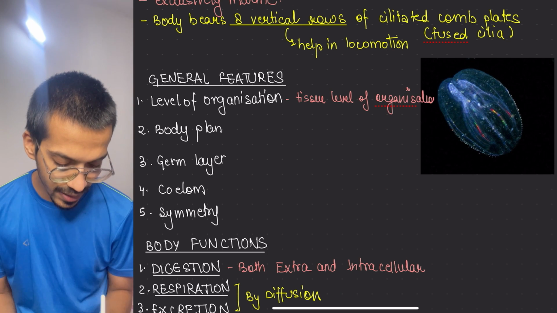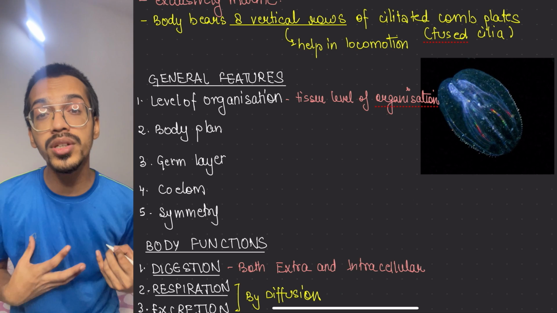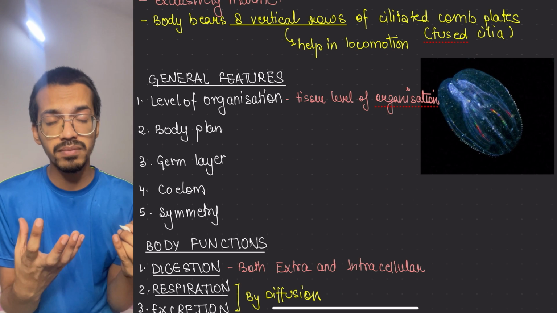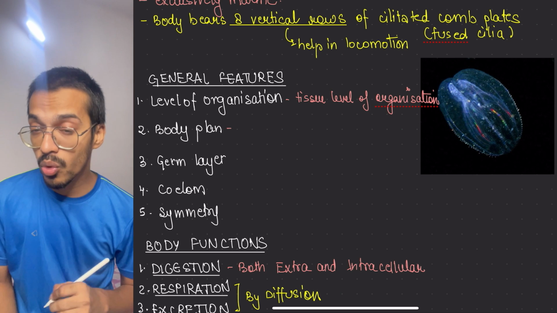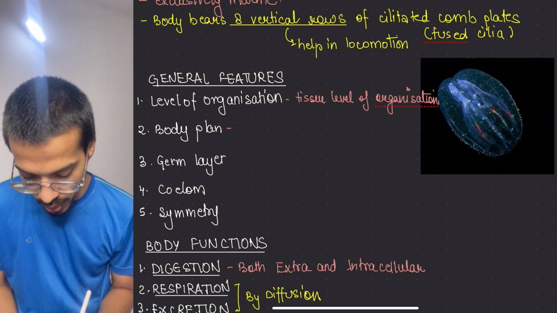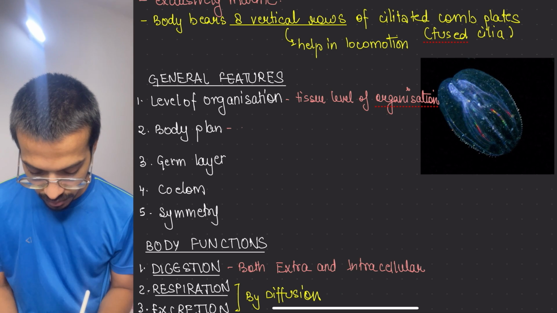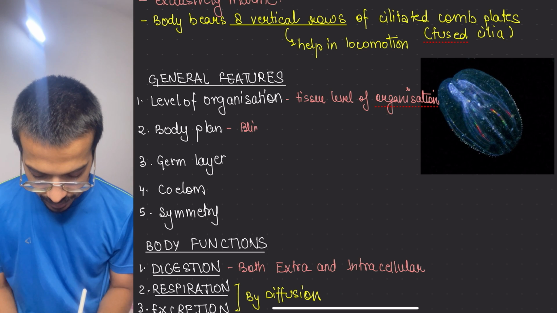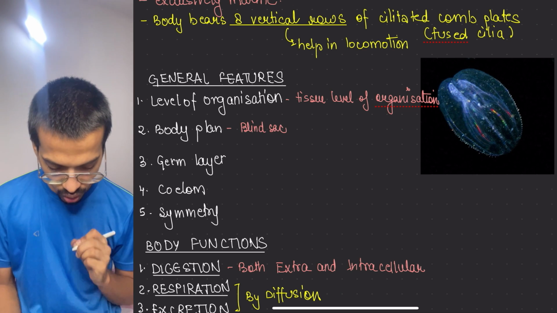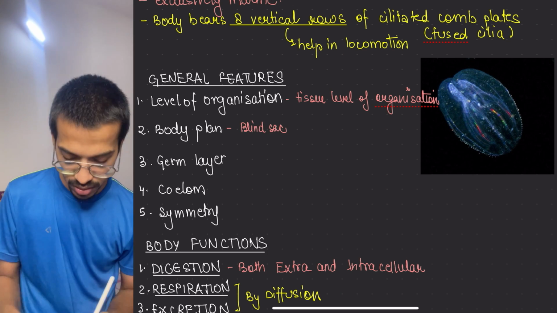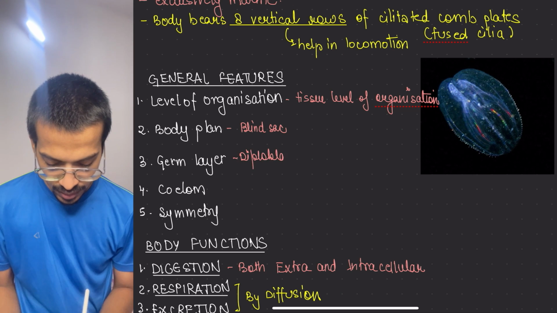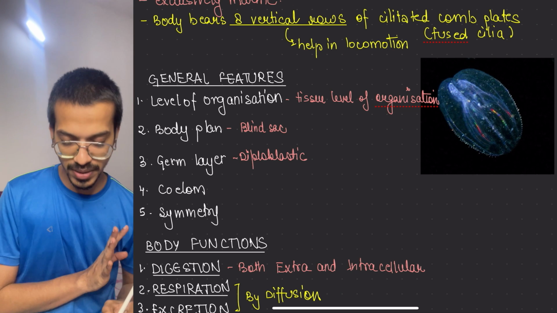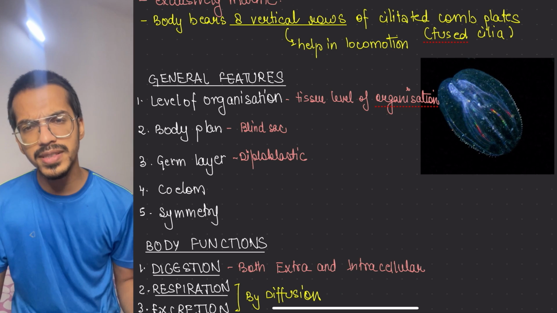They are not cell aggregates, because a little bit of evolutionary advancement has occurred. Their body plan is a blind sac. Then germ layer: they are diploblastic, and instead of mesoderm, mesoglea is present, just like the older one, Coelenterata.